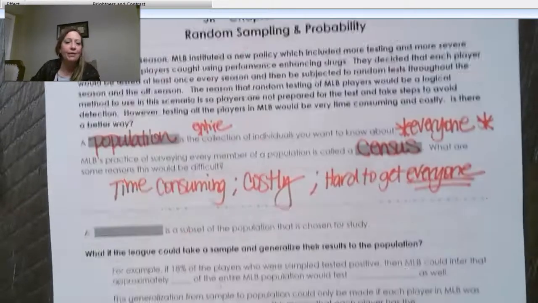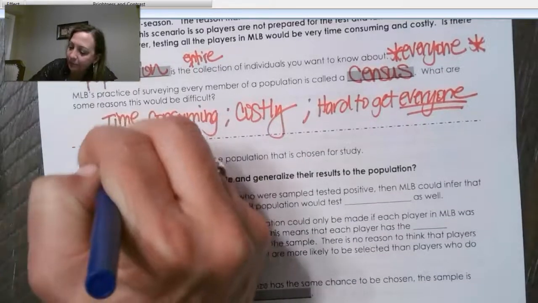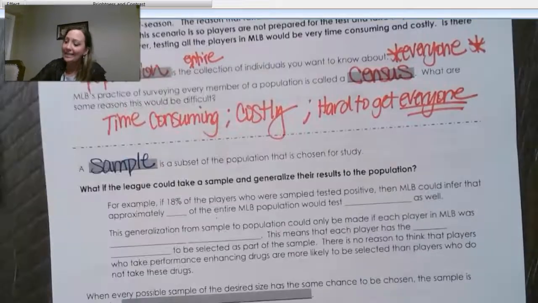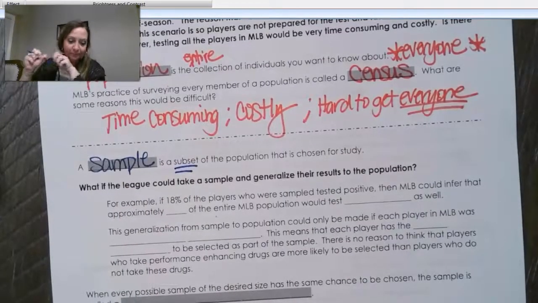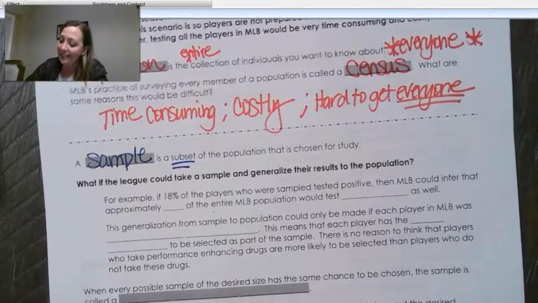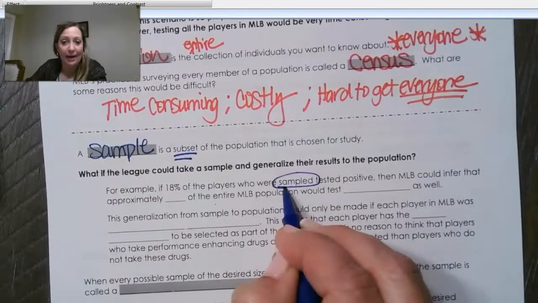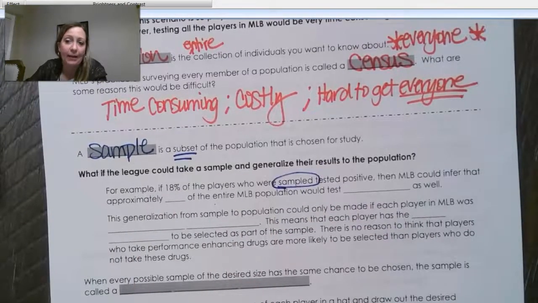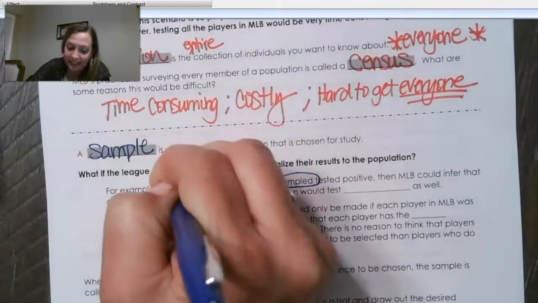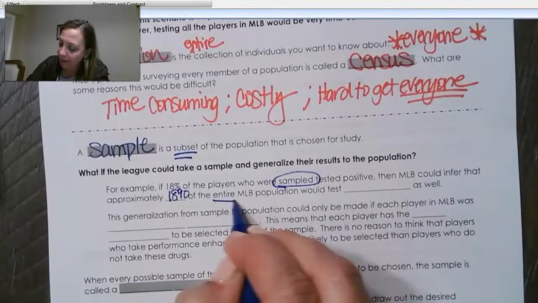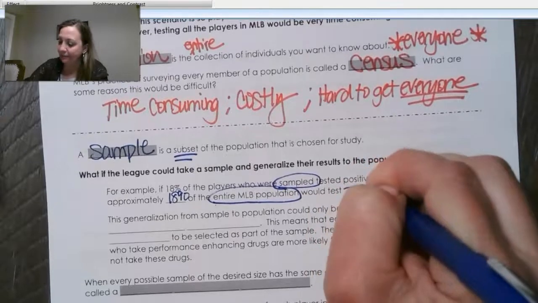So let's look at maybe another possibility. A sample is a subset of the population that is chosen for study. For example, if 18% of the players who were sampled tested positive, then Major League Baseball could infer that approximately 18% of the entire MLB population would test positive as well.